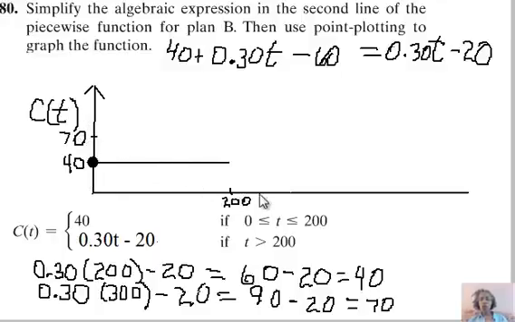And so when I'm at 300, this would be about 100 here, and 300 would maybe be about here, just doing it kind of roughly. When I'm at 300, I'm at this value of 70.